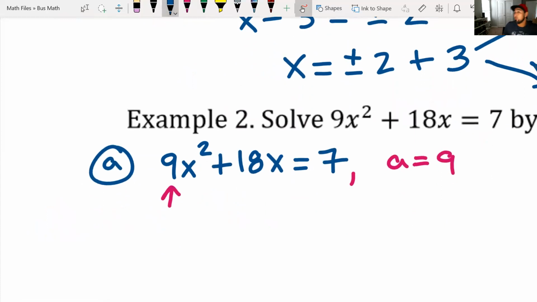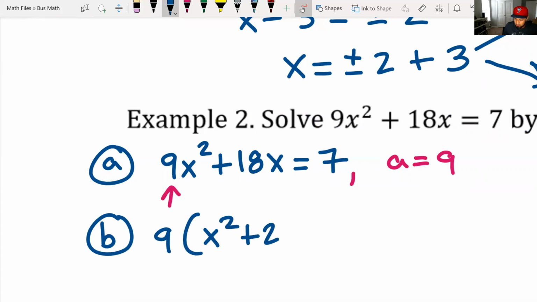So we'll probably have more steps here. So I'll say B, I'll factor out the 9, which means I'll get 9 times x squared plus 2x equal to 7. I'm going to say factor out 9.